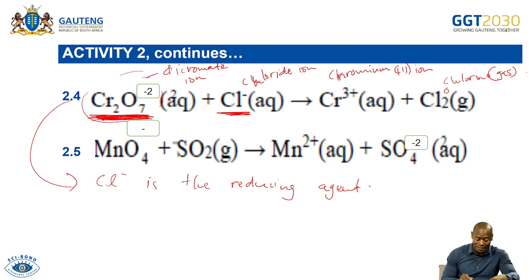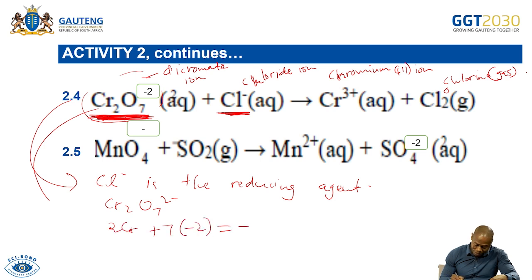I need to find the oxidation number of chromium in dichromate ion, right? Cr2O7 2 minus, right? So it's going to be what? 2Cr plus 7 times negative 2 equals negative 2, right? So 2Cr equals 7 times negative 2, which is negative 14, right?